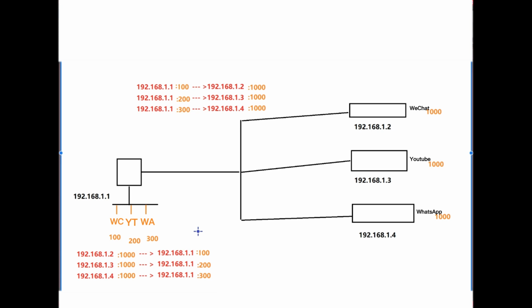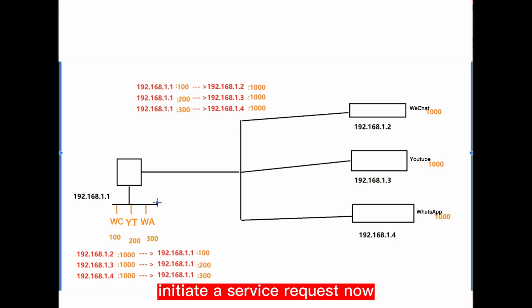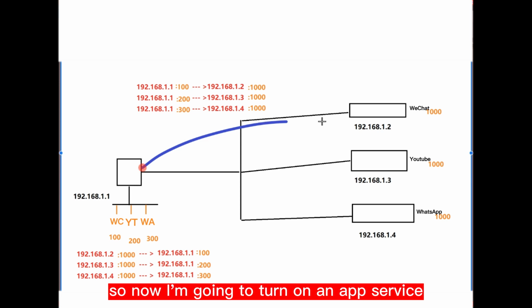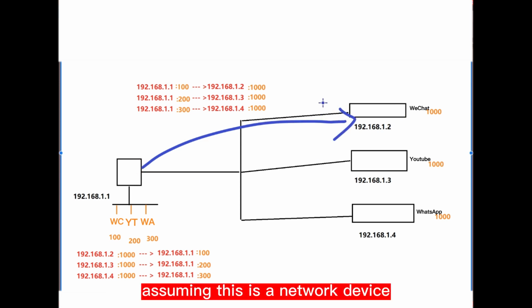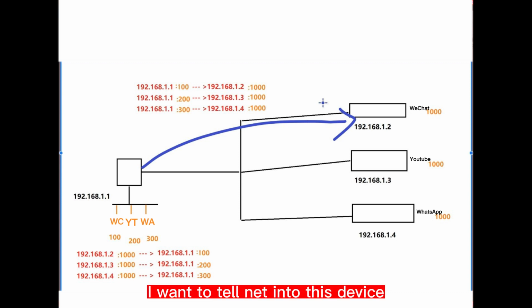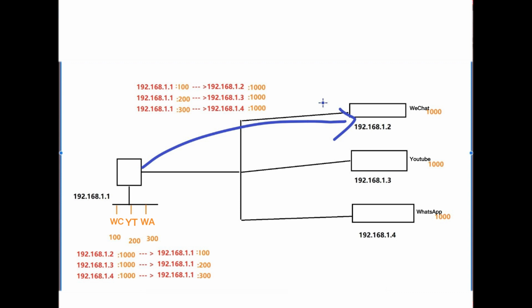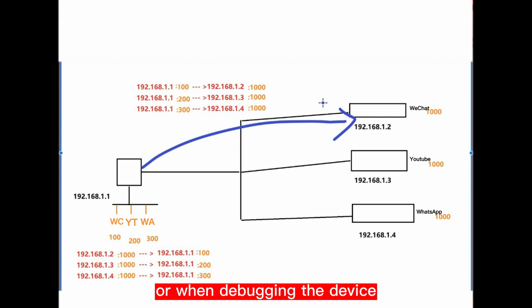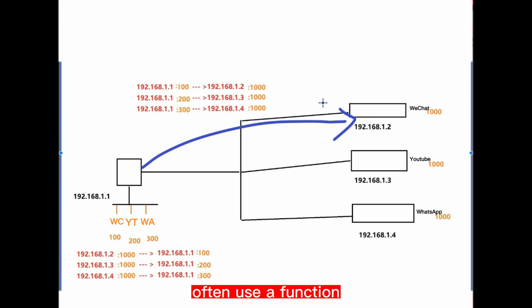For example, the local device wants to initiate a service request, so I'm going to turn on an app service. Assuming this is a network device, I want to telnet into this device. Everyone should know, for a service used more and more frequently all over the world, that means everyone in the world goes online or debugs devices and often uses a function.